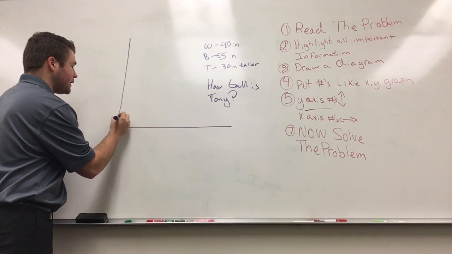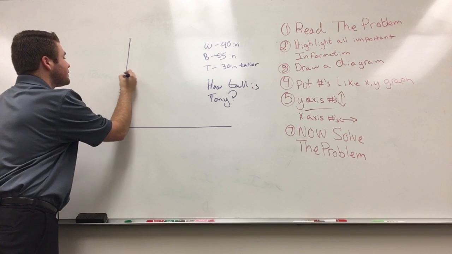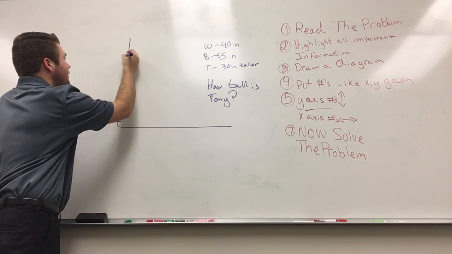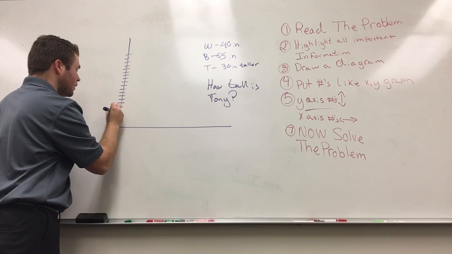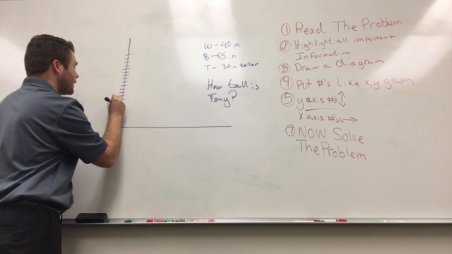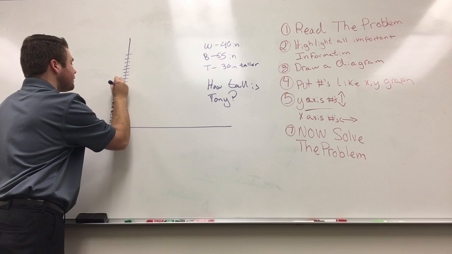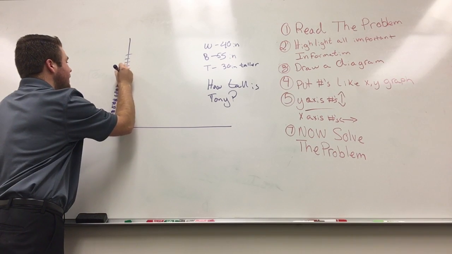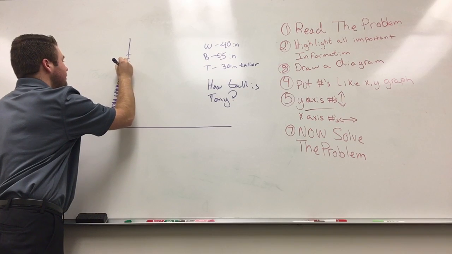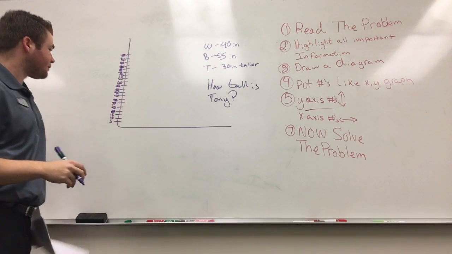So we'll go 5, 10, 15, 20, 25, 30, 35, 40, 45, 50, 55, 60, 65, 70, 75, 80, 85, 90, 95, 100. Very good.